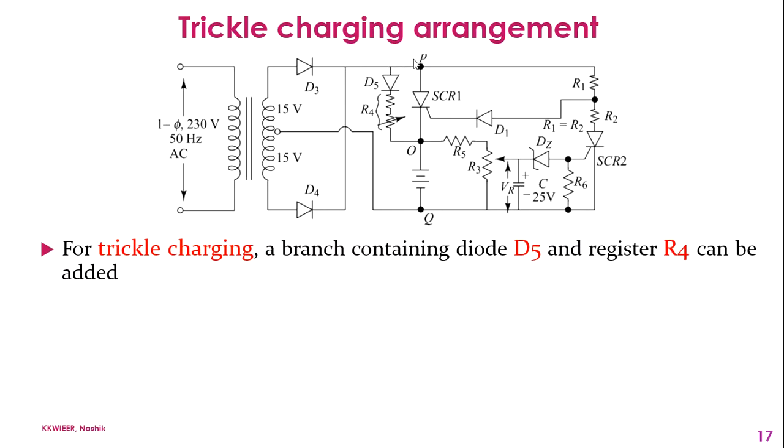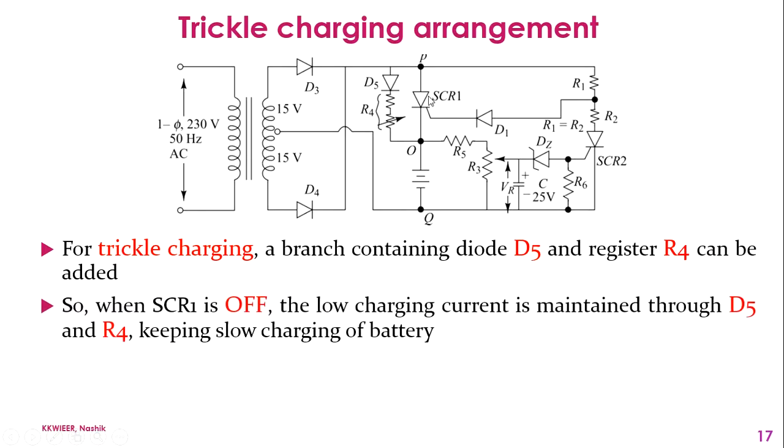So for trickle charging, a branch containing diode D5 and a resistor R4 can be added. This is a trickle charging arrangement.